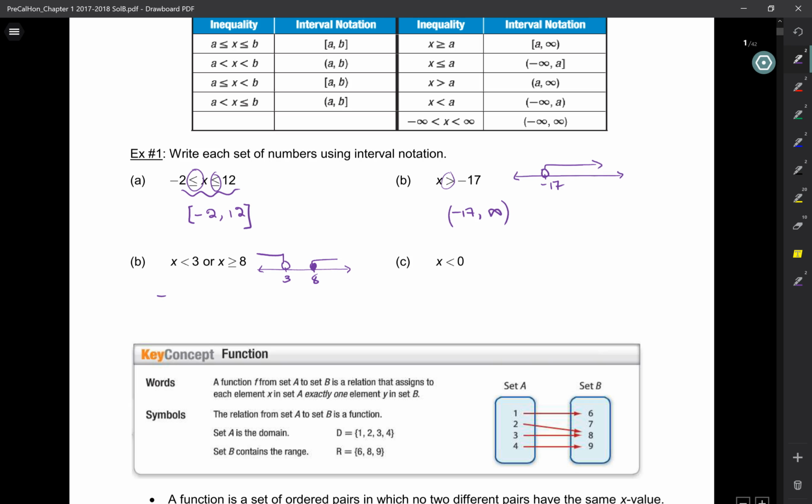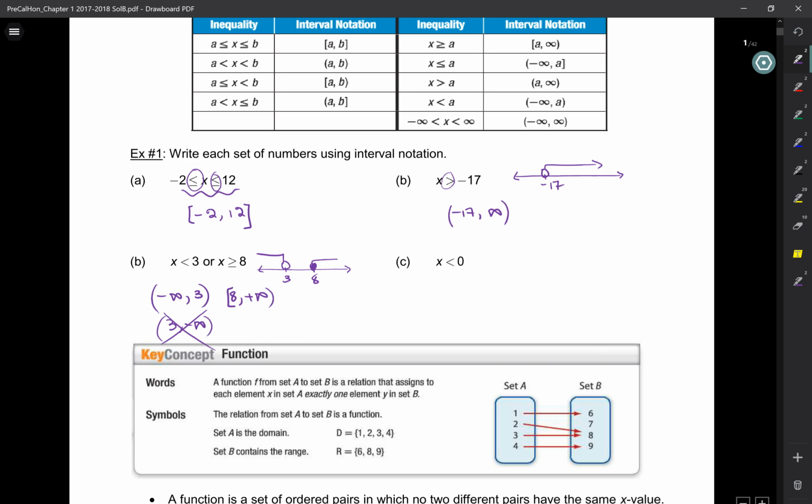So you say -infinity to 3. We don't say 3 to -infinity, by the way, okay? Never. You always start at the lowest value and go to the higher value. So -infinity to 3. And then I have 8 to positive infinity.